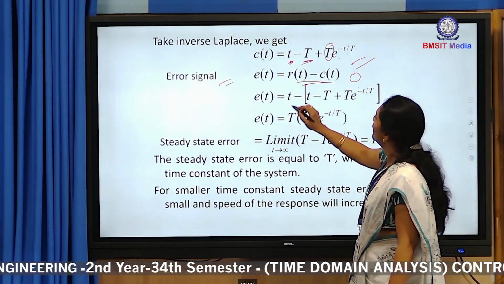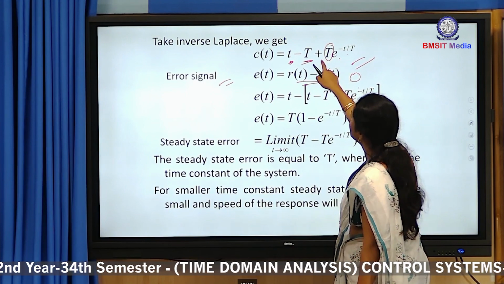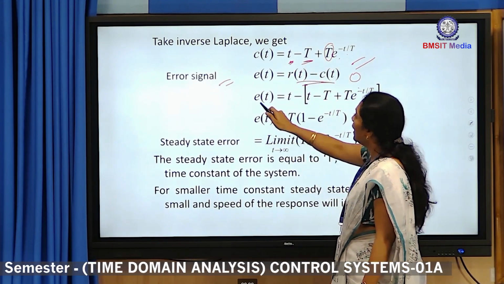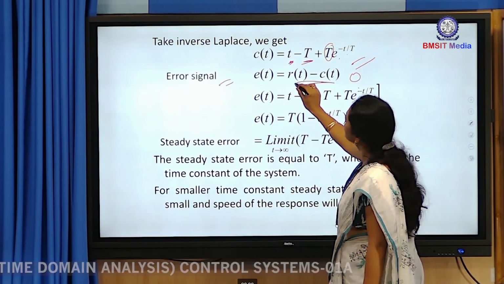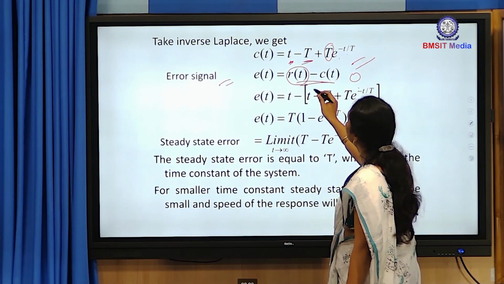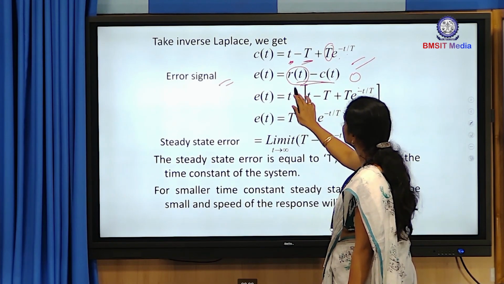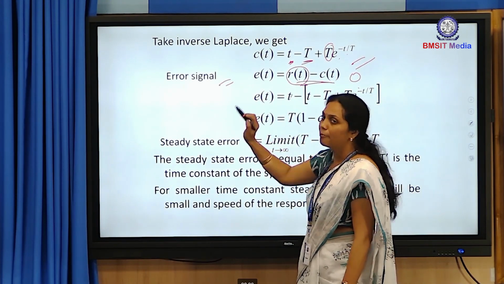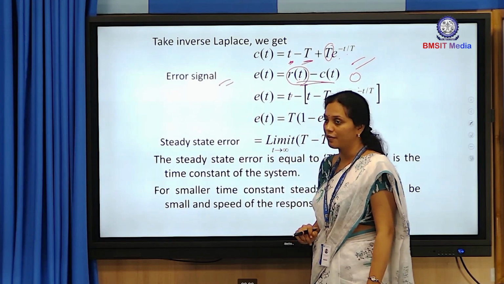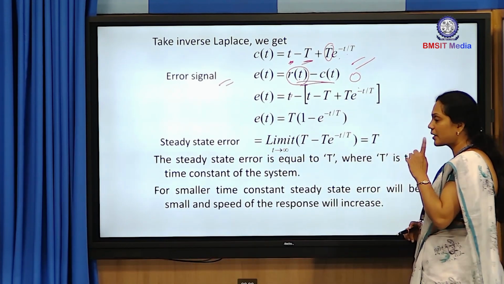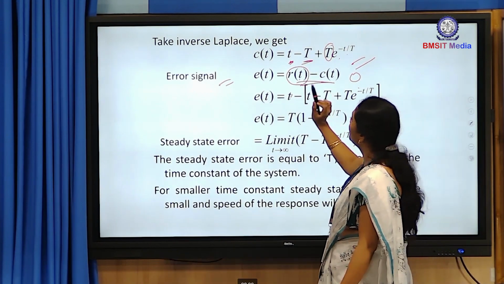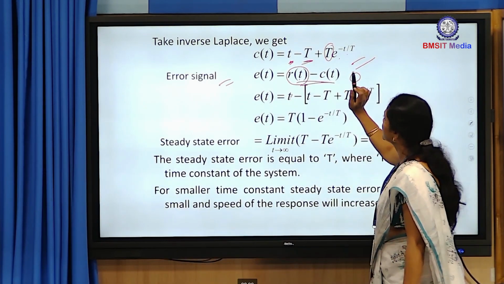So e of t is equal to r of t minus c of t, where r of t is nothing but t, because it is a unit ramp function.